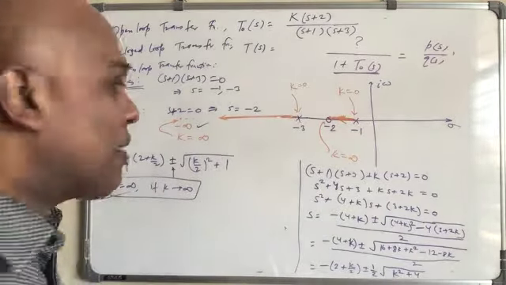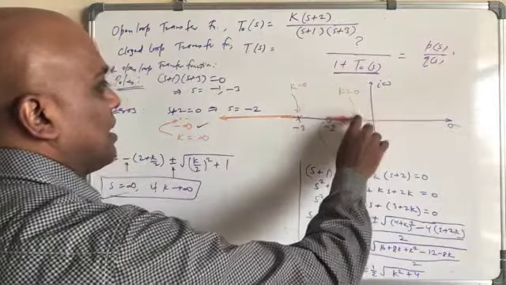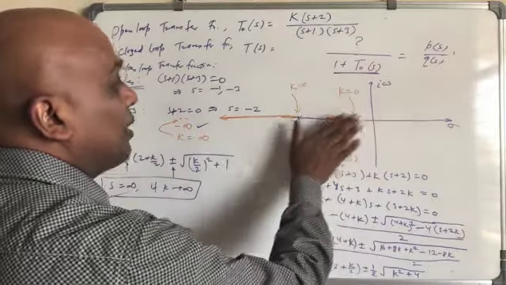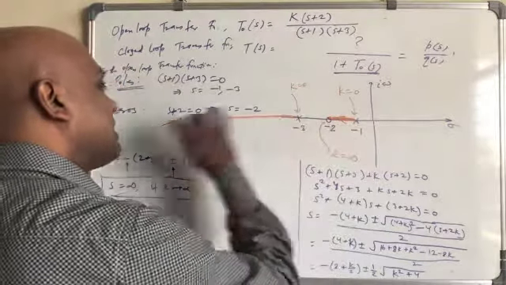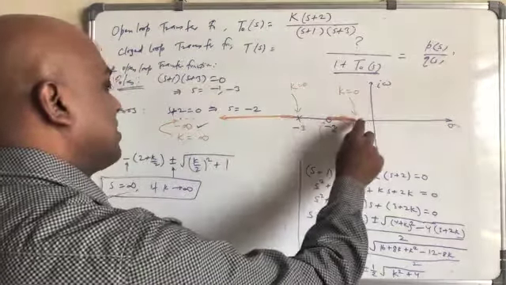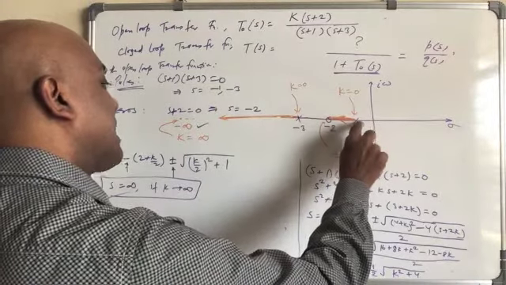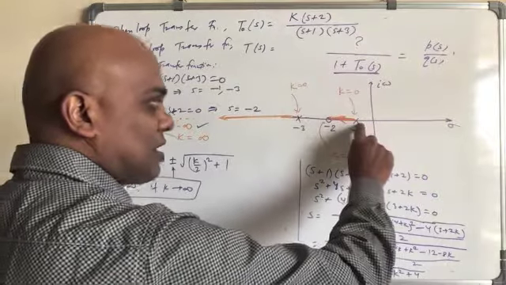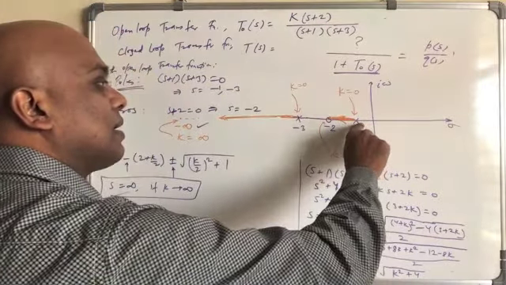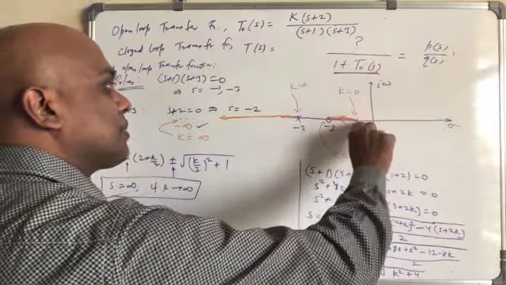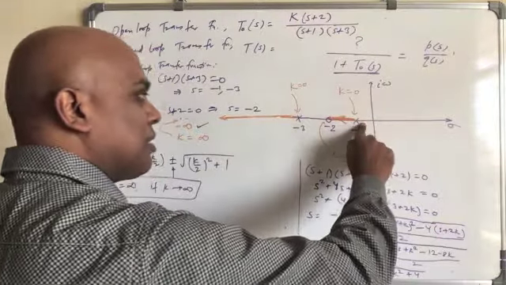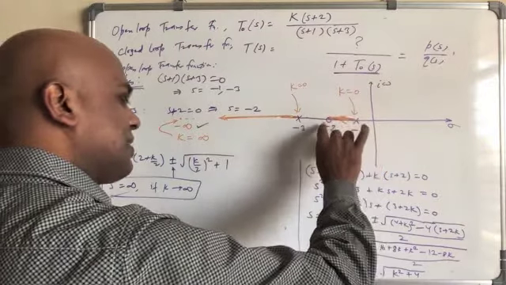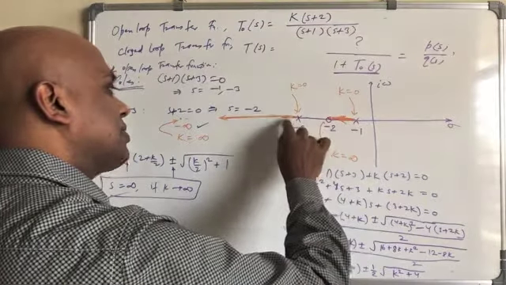What we have seen is that if all the roots are on the real axis, then it will start from the first pole. From the first pole you go to the first zero, from the second pole you go to the second zero.